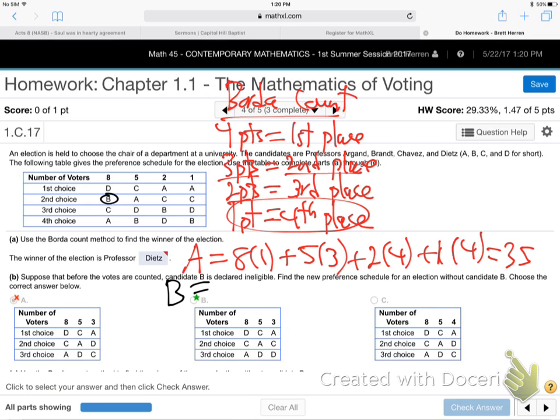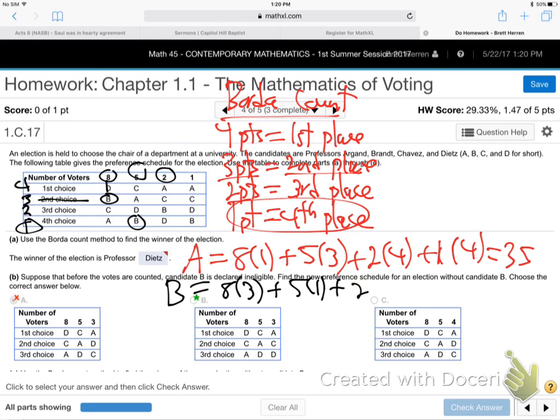So, B is what? Second, so this is 4 points, 3, 2, 1. So, 8 people give B 3 points. 8 times 3. Good so far? That's how I'm doing that, 8 people each gave B 3 points for second place. And then 5 people each gave B 1.